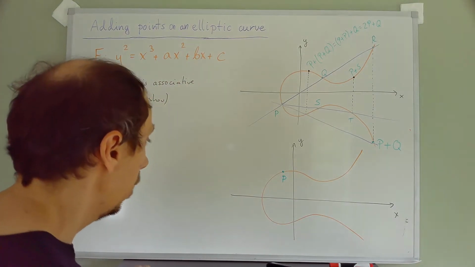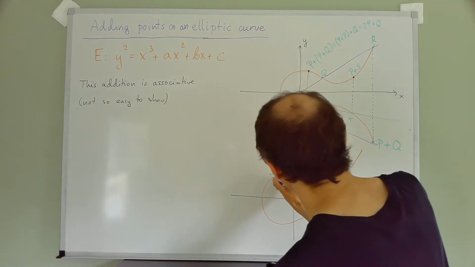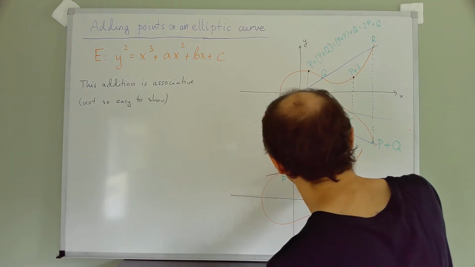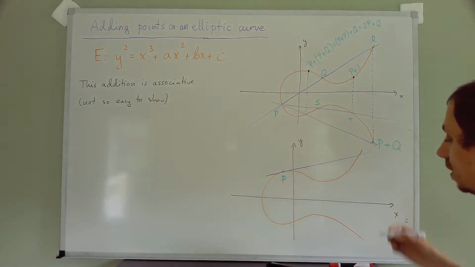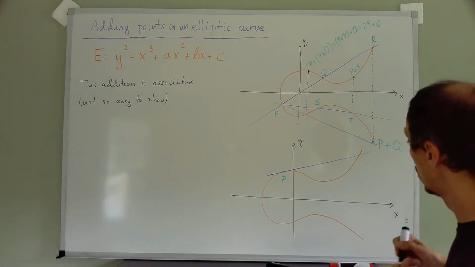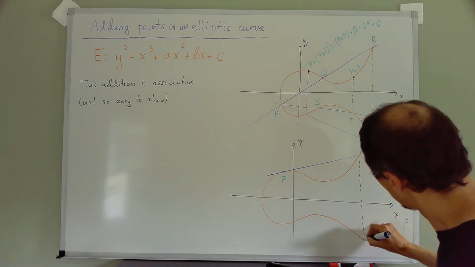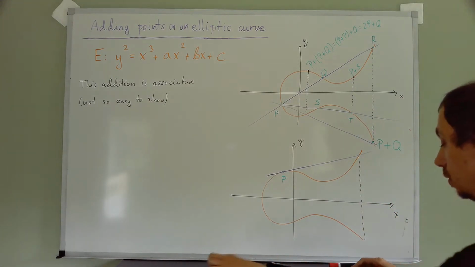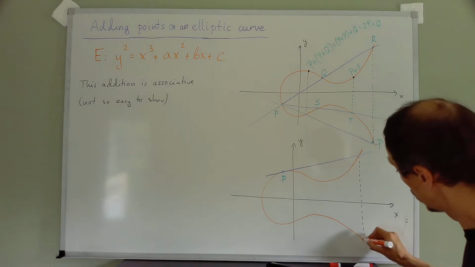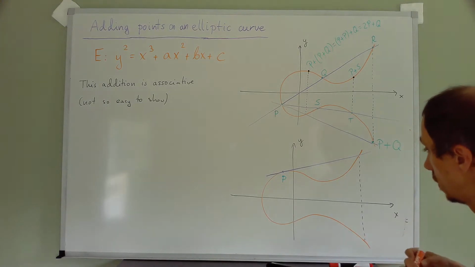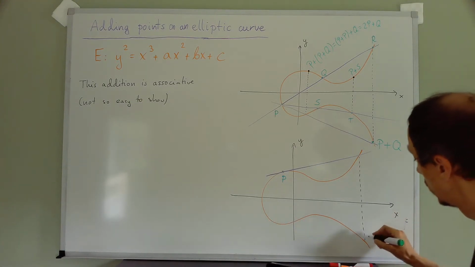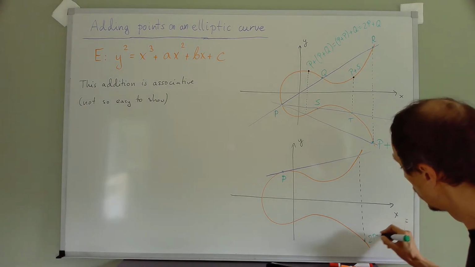All right, and then I'm drawing a tangent line here. It intersects the curve at yet another point. And this here is 2P. P plus P.